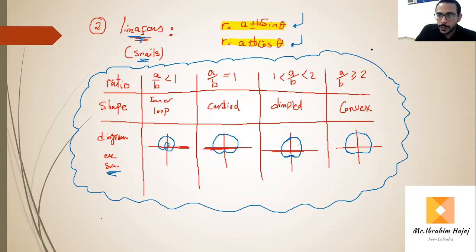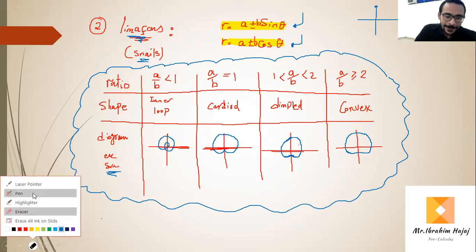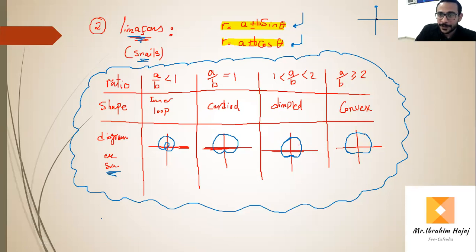As you know from yesterday, sine is always on the y-axis. Let me erase only the circle. And we have it like this, and then the circle above here. And the cosine will be something like this.